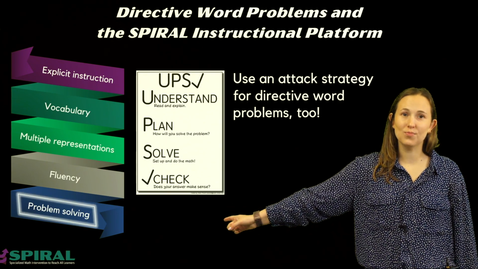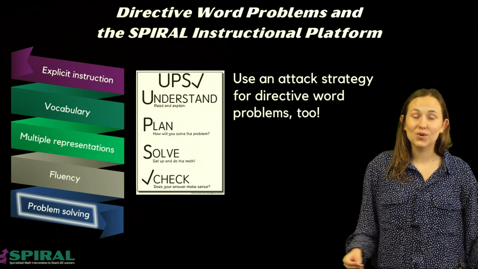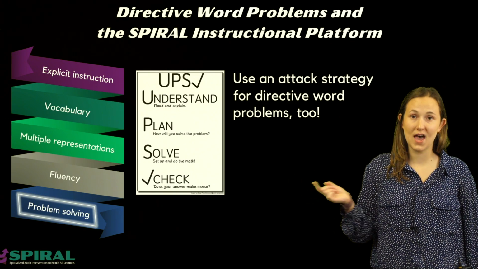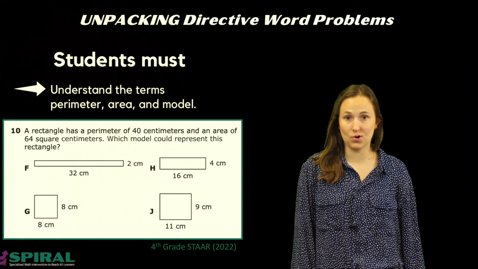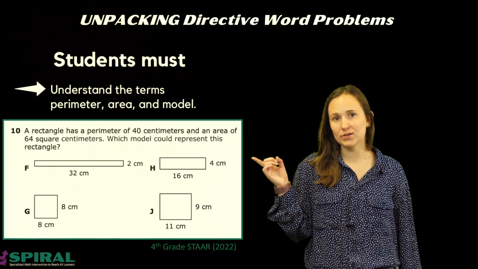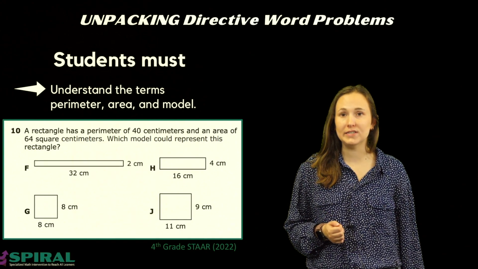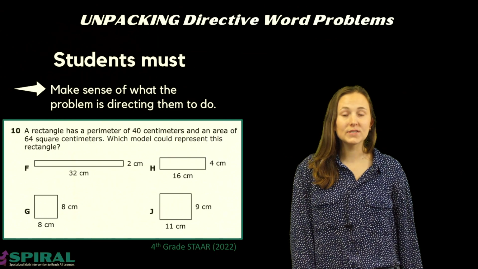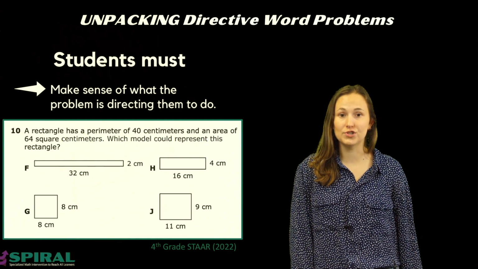Lastly, we have our problem-solving component. With directive word problems, we can also use our attack strategy, UPSCheck. Let's take a minute to unpack a directive word problem. Within this directive word problem that we saw earlier, we know that students must understand the terms perimeter, area, and model. Students must also be able to make sense of what the problem is directing them to do.